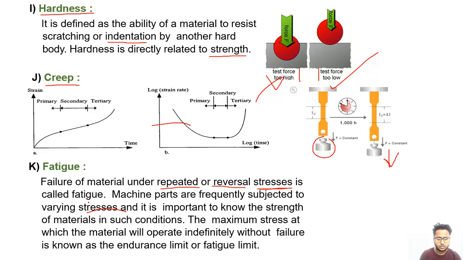That kind of strength of the material has to be found out. That strength is known as the fatigue strength, and the maximum stress at which the material will operate indefinitely without failure is known as the endurance limit or fatigue limit. We have to remember this endurance limit or fatigue limit.